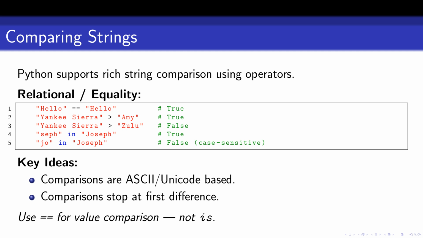For instance, 'Yankee' is greater than 'Amy' because the ASCII value of 'Y' is greater than that of 'A'. It's also important to note that comparisons are case-sensitive and stop at the first character where the strings differ. The in keyword can be used to check whether a smaller string is contained within a larger one, returning a Boolean result. Be cautious not to confuse == with is, which checks for object identity, not value equality. For string comparison, always use ==.